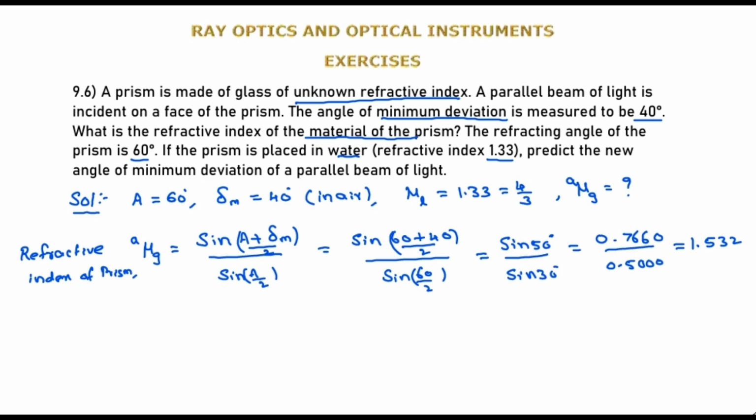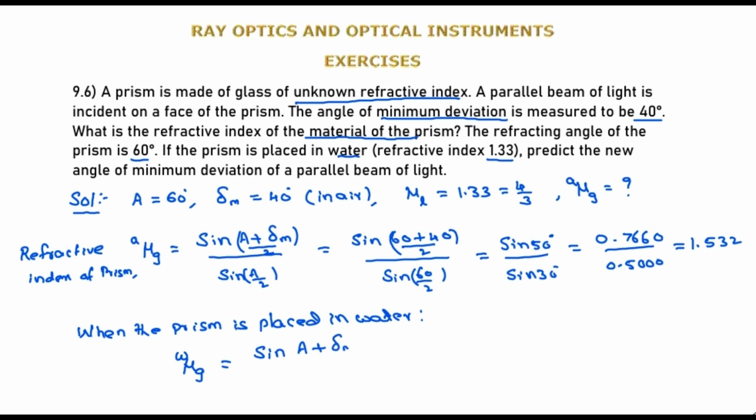Now when this prism is placed in water, then the formula for the refractive index of the prism or glass with respect to water is equal to sine of (A plus delta m dash) by 2 divided by sine A by 2. The angle of the prism will remain the same, but the angle of deviation will differ.